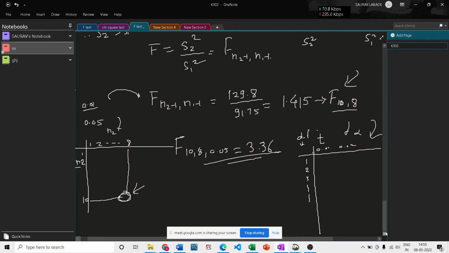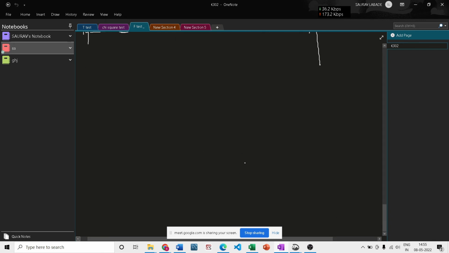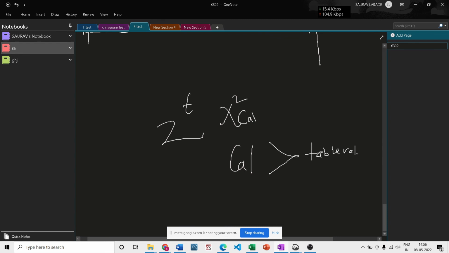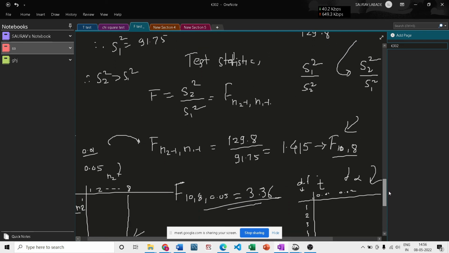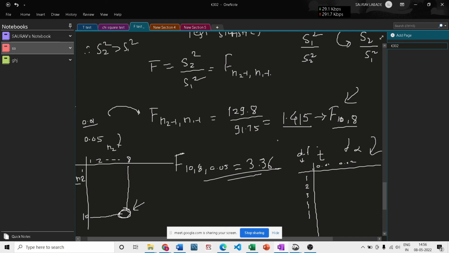The decision rule is the same for all. Remember, when your calculated value, that means your test statistic value which we have calculated in the case of chi-square, t or z test, whatever it is, is greater than the table value, then we will reject H naught, the null hypothesis. But here your calculated value is 1.4, which is smaller than this.